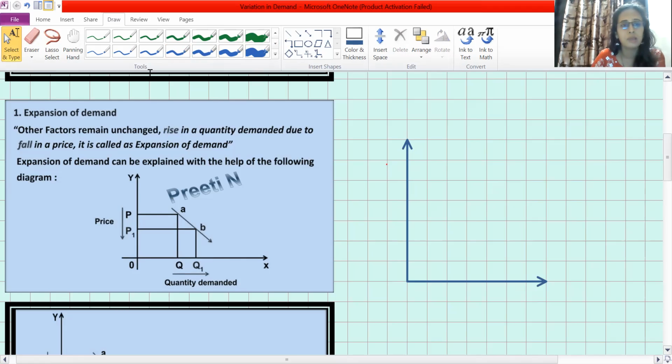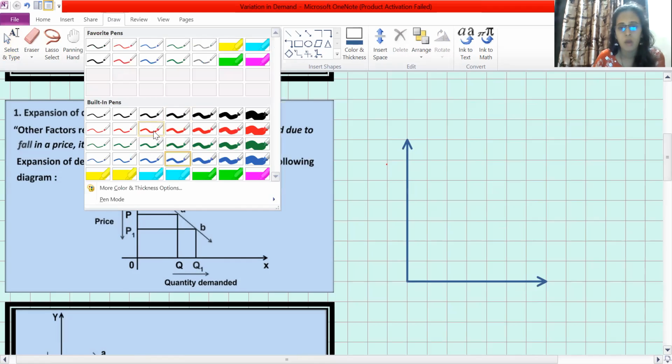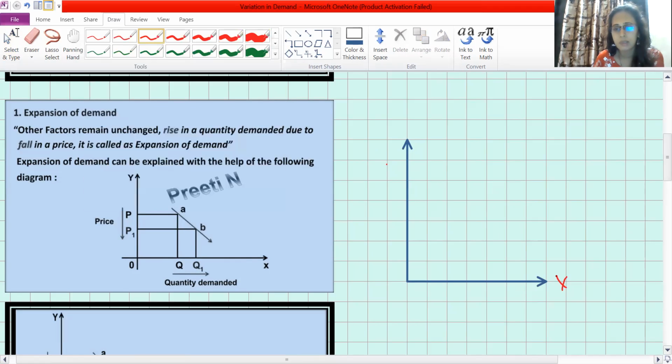We will name them. The x-axis indicates quantity demanded and the y-axis indicates price of a commodity. Okay, got it? Now here we always indicate 0.